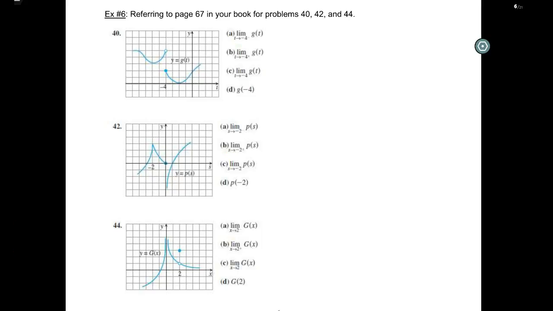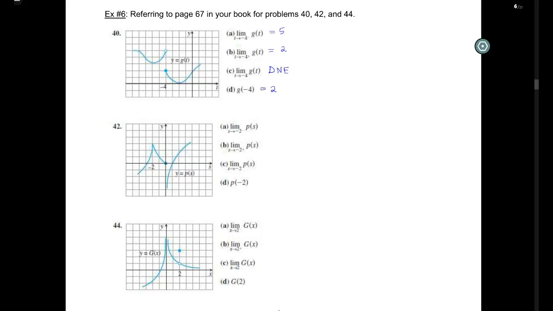Okay, number 40. So A, we got 5, yes? Good. B, we got 2. And since those are not equal, it's 2 and 5, does not exist. Now, G of negative 4 is 2.